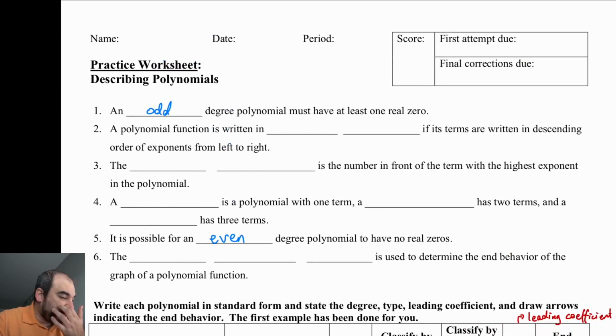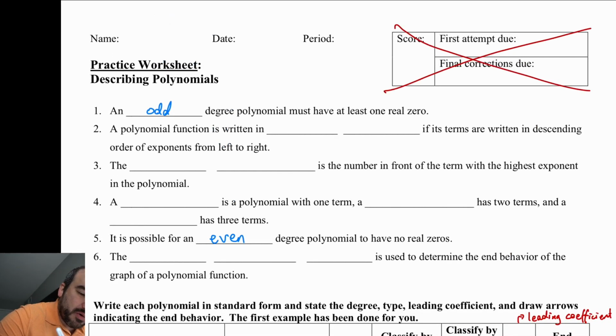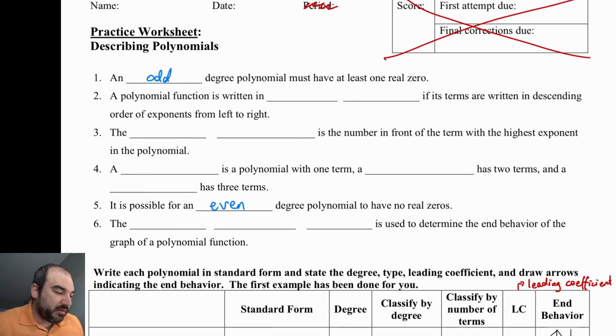So you're working on the first page of the worksheet. Don't worry about this top corner, your period, or the date. Just work on the problems on the worksheet, and don't turn it in today because you can't finish it today. It's not due until Monday.